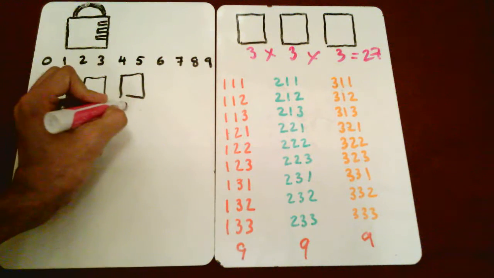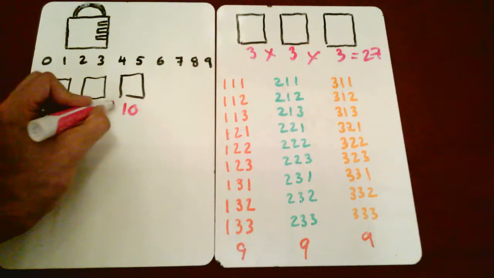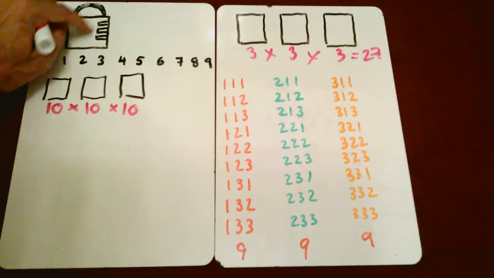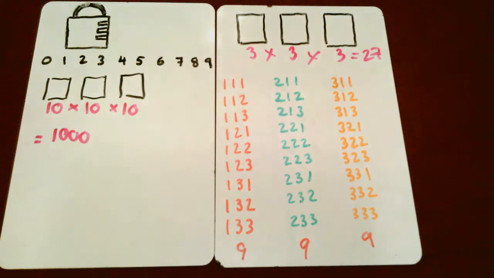Finally, over here, this is also 10 combinations, which means that the total number of combinations, if you've got 3 different combination points, gives a value of 1,000 different combinations. That means if you've got a padlock with 3 of these different things which you can twist, you could have 1,000 different possible combinations.